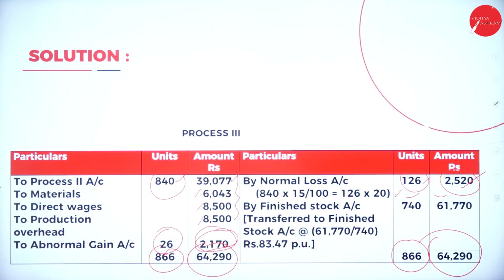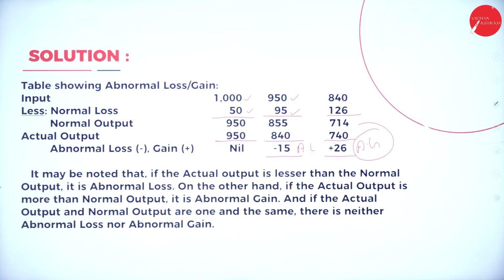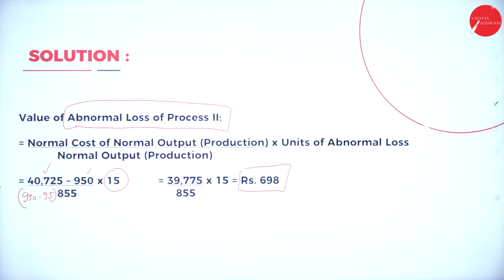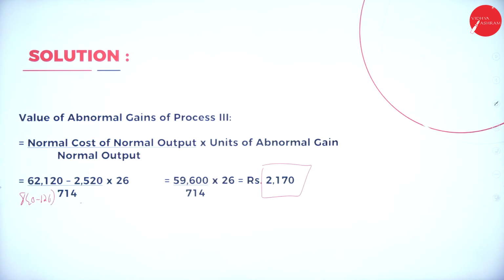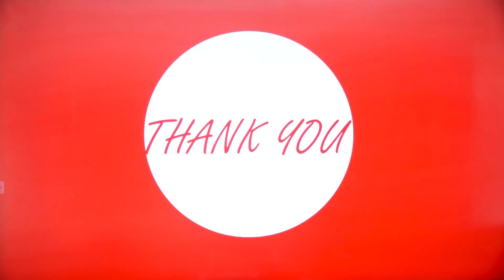Process 3. Your solution part, adjustment. These are the working notes for process 2. Working note for process 3. And these are the production overhead I did in the beginning itself.